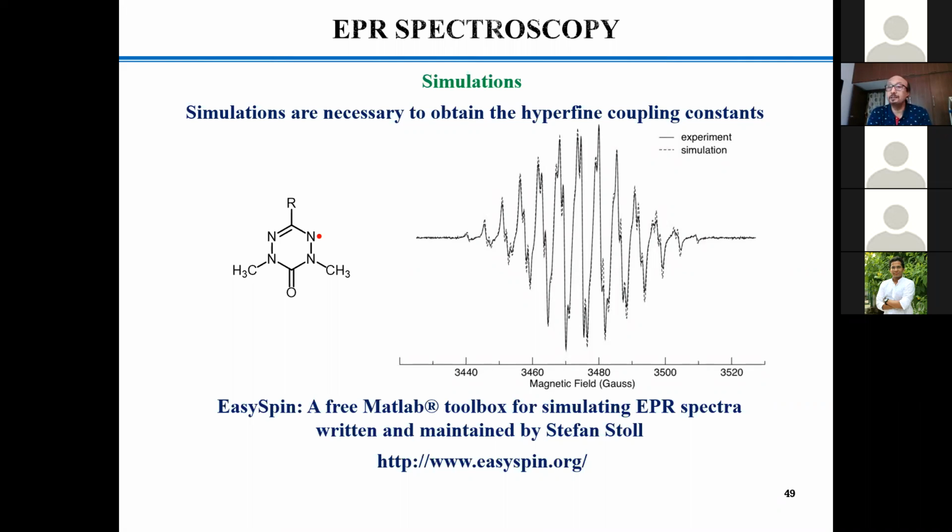Now, what will happen in the Q band and W band? Unless we do so, we cannot rule out any remote possibility of interaction of the electron spin with that fourth nitrogen. But as I said, once you do an EPR experiment, like NMR, you have to mention what machine you have used, so that you make things very clear in front of the audience or the readers: this is the condition, this is the result.